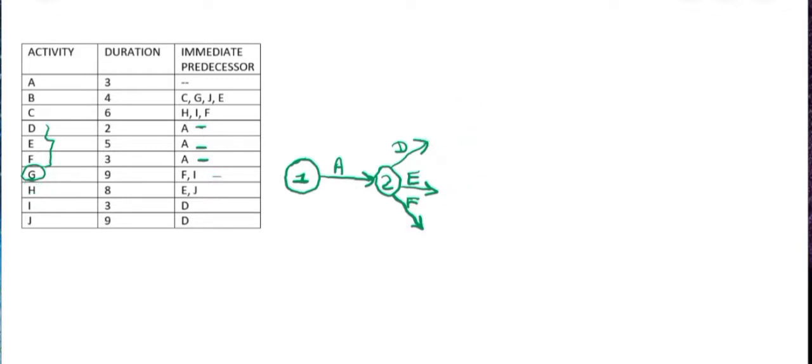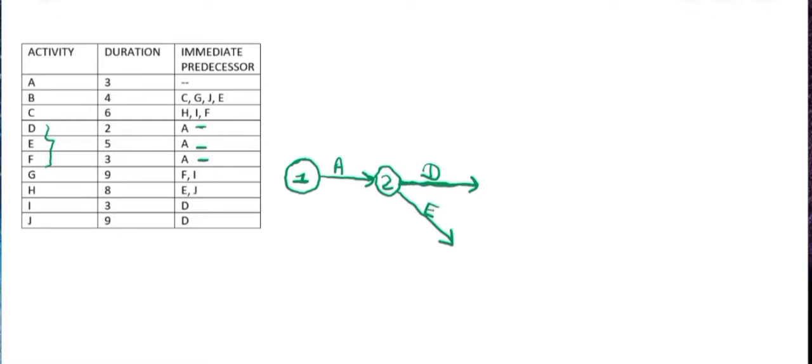Then no, I won't be able to connect it. So now we'll take out 3 arrows from A, but in a way that we can connect F and I.